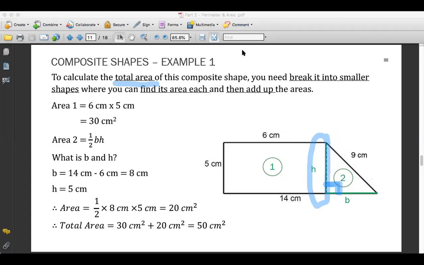They have told you that this whole length is 14 cm, and this length is 6 cm. So to find the base is just 14 minus 6, which is 8 cm. Your base is 8.